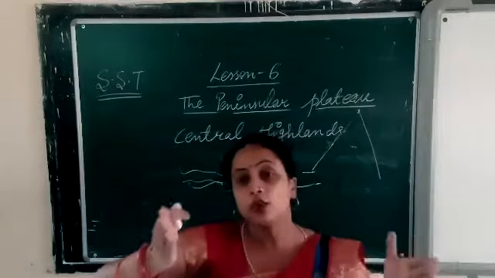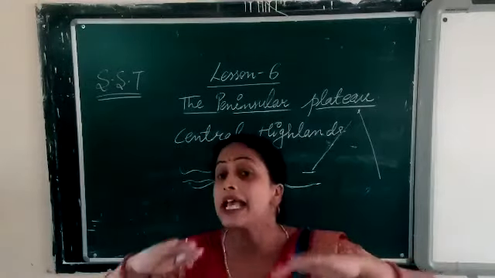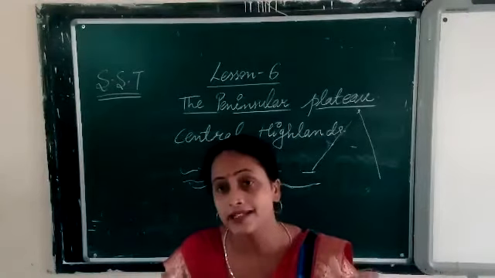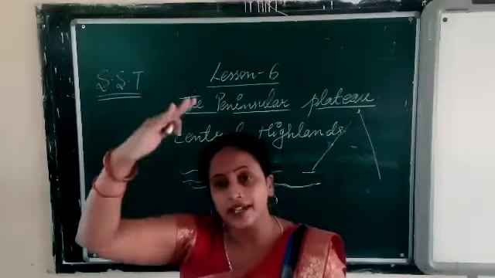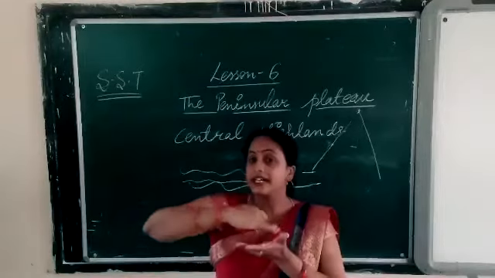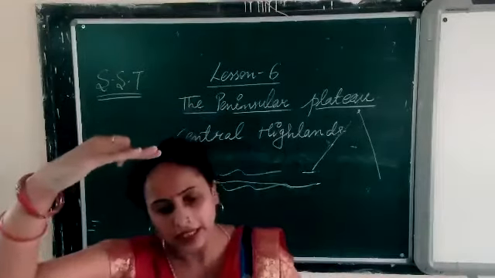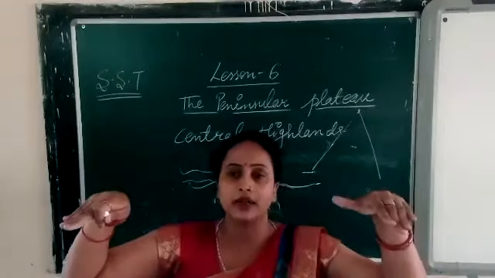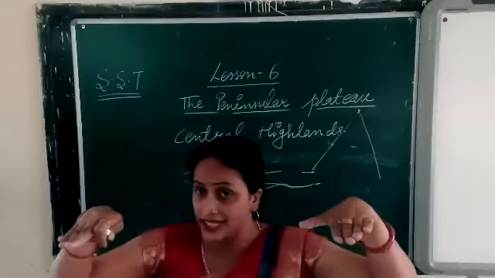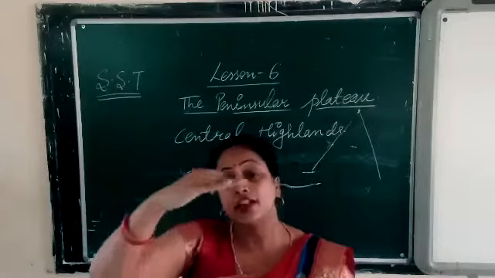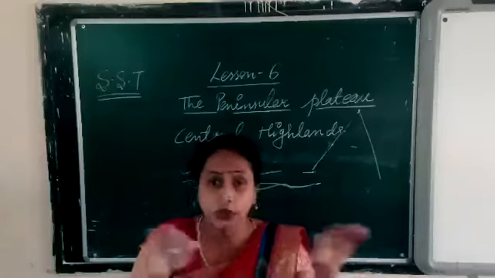So plateau means an area of land that rises high, but it's flat on the top. Flat on the top means it is in the form of a table. Have you seen a table?